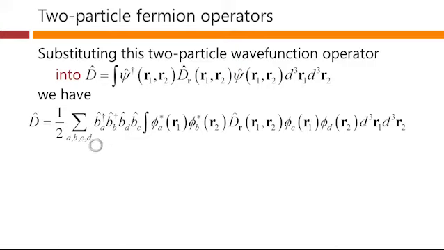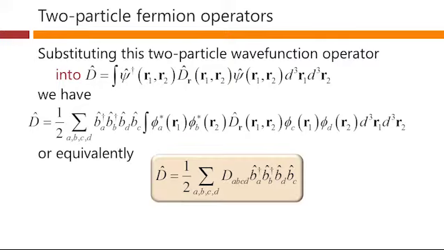We're summing over all of these possibilities as we have to because of the wave function operator forms, and we have this integral to evaluate in the end. Again, we have a 1 over 2 here because we had a 1 over root 2 in each of these. Or equivalently, we could write it in this form. This is the same thing, with this integral being this number in here.